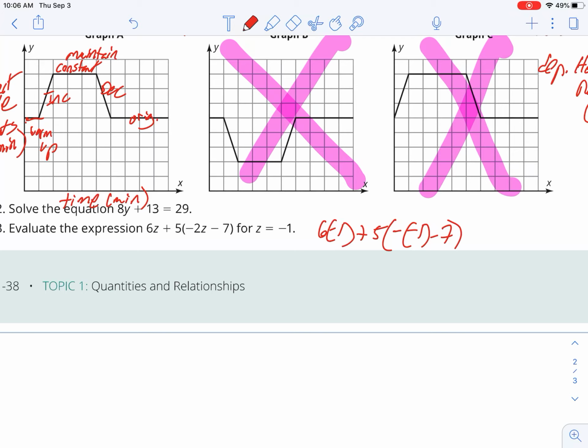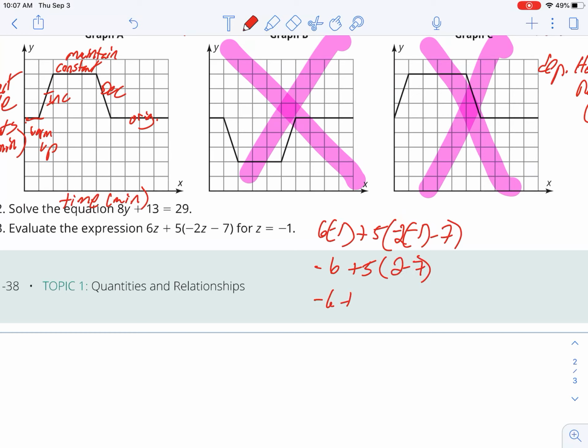First thing I notice is I've got 6 times -1, and then on the other side, I've got inside parentheses. So that's fine for us to do at the same time. 6 times -1 is -6, plus that 5 comes on down, because now we're going to take care of the inside. It is a -2, I forgot the 2. -2 times -1 is +2.